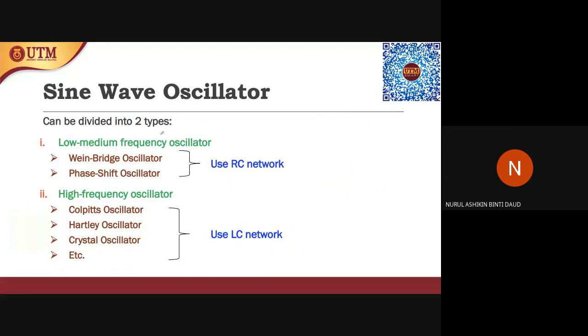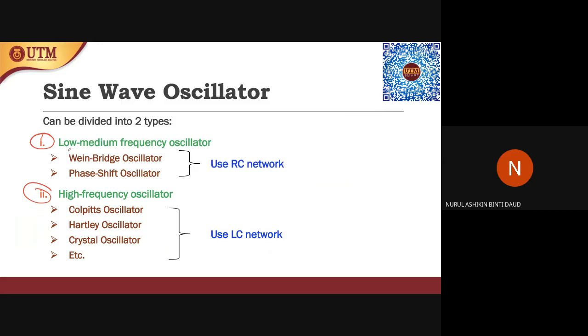Before we go to the multi-vibrator oscillator, there is one part inside the sine wave oscillator, or sinusoidal oscillator, also known as harmonic oscillator. It can be divided into two types, which we haven't touched yet: the low medium frequency oscillator and the high frequency oscillator.